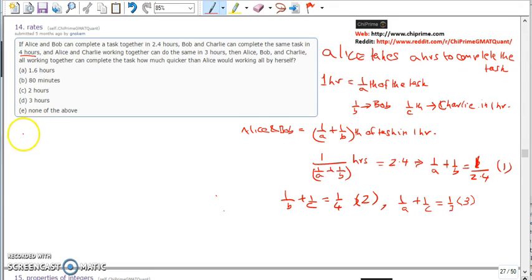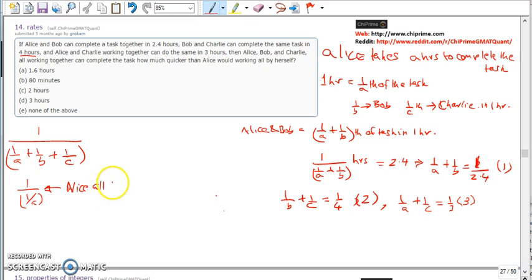So now we look at what the problem is asking for. Effectively, what the problem is asking for is the difference between 1/(1/A plus 1/B plus 1/C), which is the time that Alice, Bob, and Charlie working together take to complete a task, and the other one, A, which is the time Alice takes to complete the task all by herself.